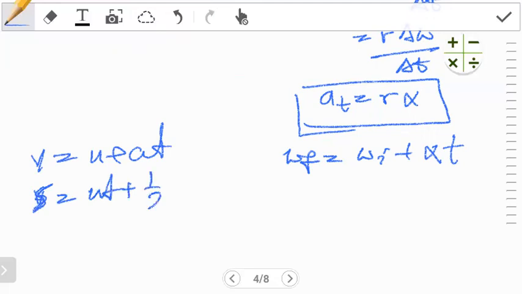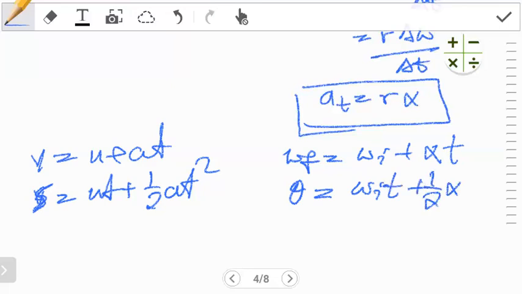Then where we had s = ut + half at squared, the displacement s here, you have to remember the first thing that we described in this unit. The displacement in terms of angular motion is given in terms of the angle. So now we have theta = omega initial times the time, plus half the angular acceleration times the time squared.